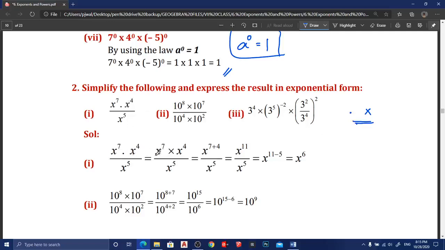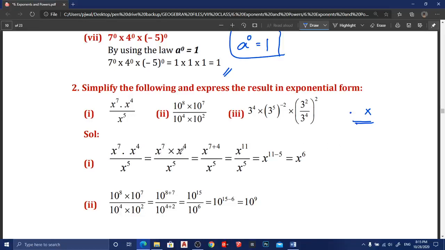So you can write it as x to the power of 7 into x to the power of 4 by x to the power of 5. So this numerator is in the form of, again, as in your first formula, which is a to the power of m into a to the power of n.